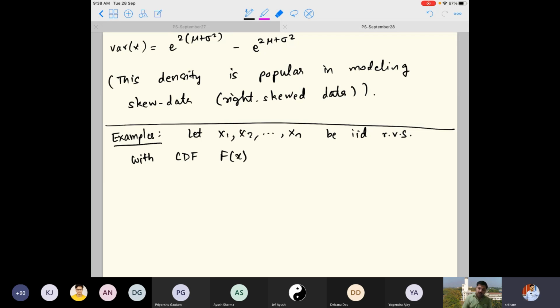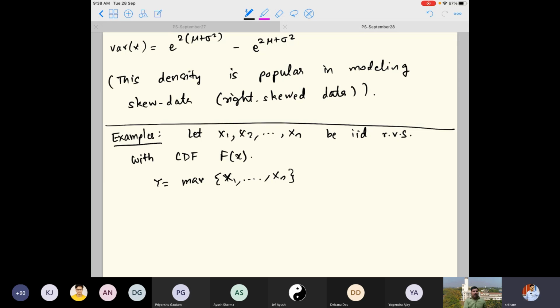They're all IID, so they'll have the same CDF. And you take Y to be the maximum of X1 up to Xn. I think you have seen this maximum and minimum example once.